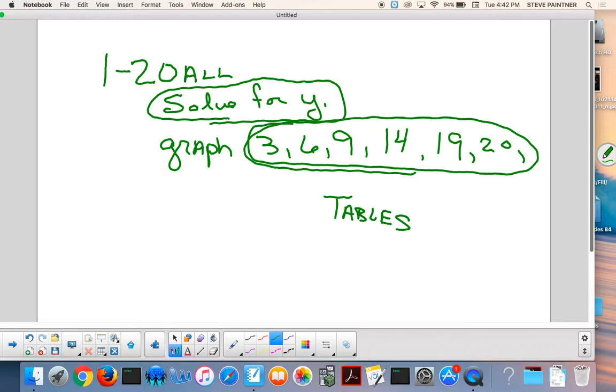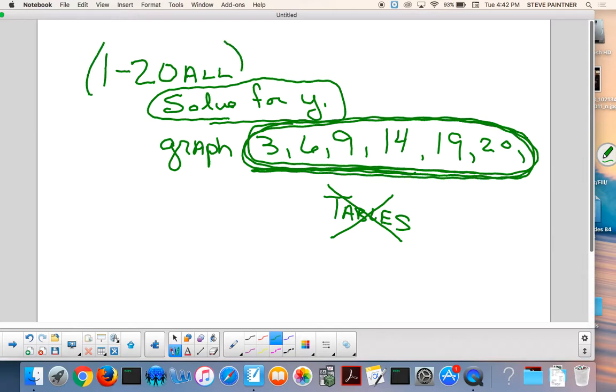Well, I said don't do any of those and just use the 6 grids for these 6 problems, okay? Okay, and this was coming off the worksheet that was 1 through 20 all, okay? But you know, if you can't figure out what I just said, then don't worry about it. But I mean, this is just good practice, okay?